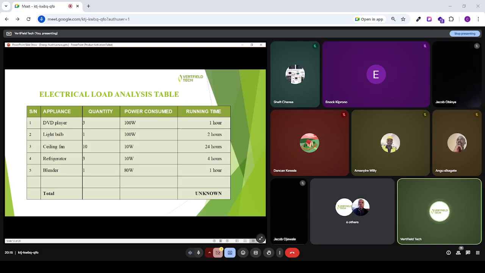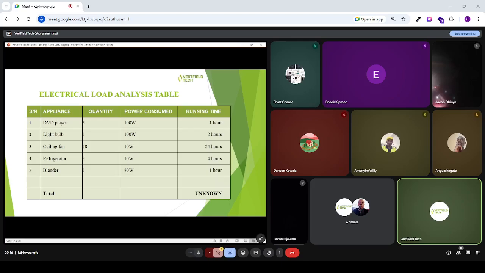Now, this is a typical example of a load analysis table, like we said earlier. Before you can run a load analysis on a facility, you need to take into consideration three standard parameters. One, the quantity of appliance. Two, the power consumed by the appliance.